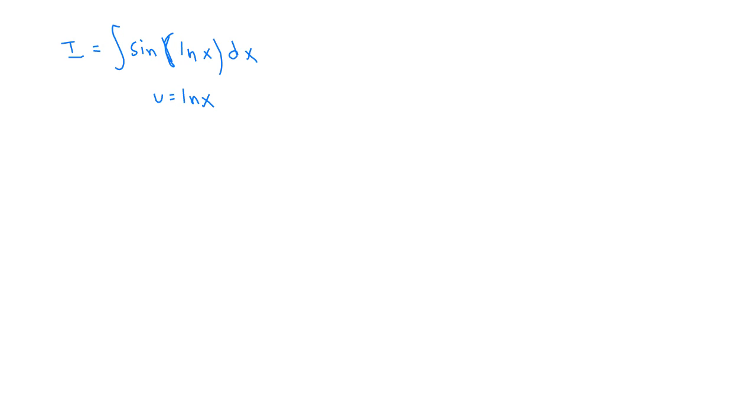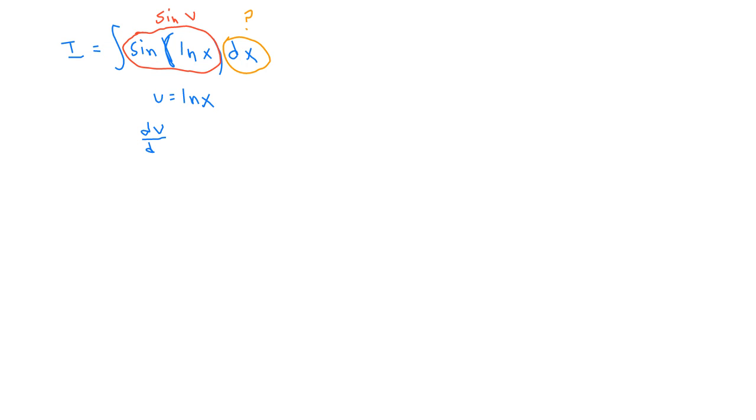So here we now have the sine of u. And the question is now, what's dx going to be? Well, to get the dx into the mix, I have to take the derivative.